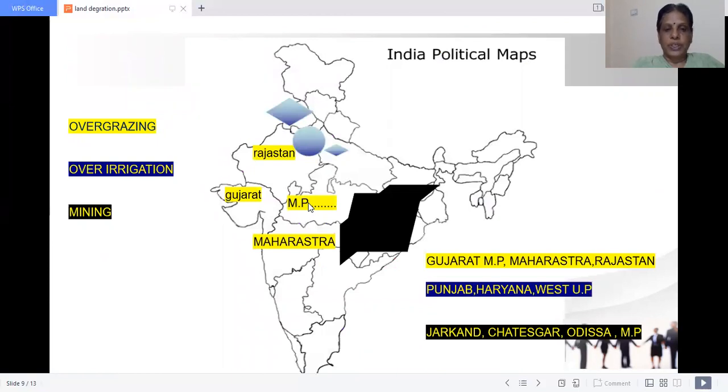Clear? Okay. And also with the clue, you have to remember, children. Rajasthan, less rainfall area, overgrazing. Punjab, Haryana, abundance of water, so over irrigation. Madhya Pradesh, Jharkhand, Chhattisgarh, Odisha, the mineral deposited area, so mining is the reason for land degradation.